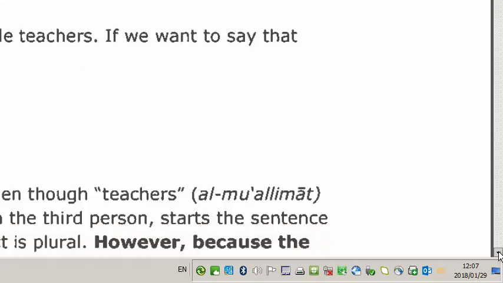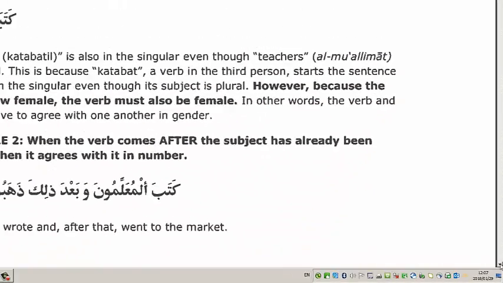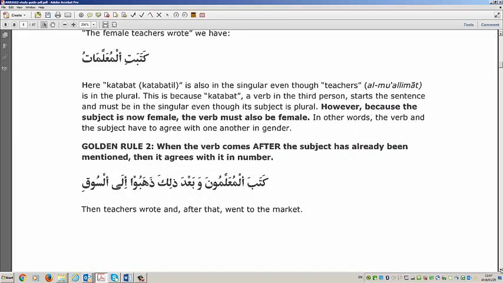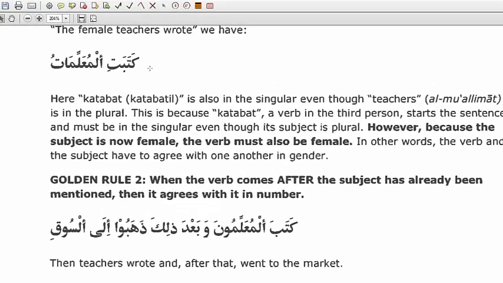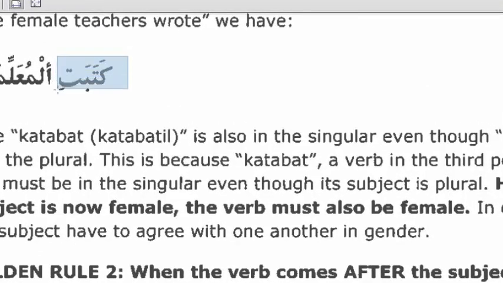As I said, it takes a bit of getting used to, but once you get used to it, it's quite easy to grasp and to apply. So remember here that katabat must be female because al-mu'allimat is female. She wrote, even though it remains singular, even though its subject is plural, but the gender must change.